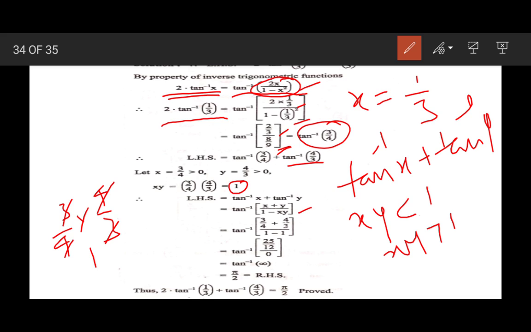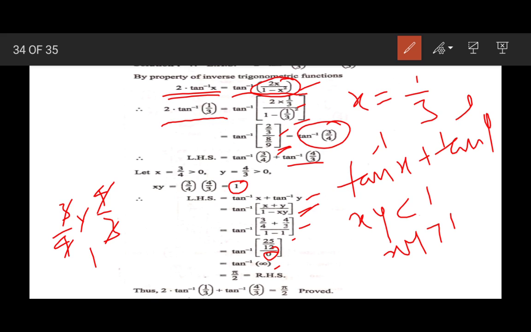The first formula: tan inverse x plus tan inverse y is equal to tan inverse (x plus y) upon (1 minus xy), where x is 3 upon 4 and y is 4 upon 3. So that will be 3 upon 4 plus 4 upon 3 upon, now the denominator is 1 minus 1. So the denominator is 0. The denominator is 0, that's why the value will be infinity.